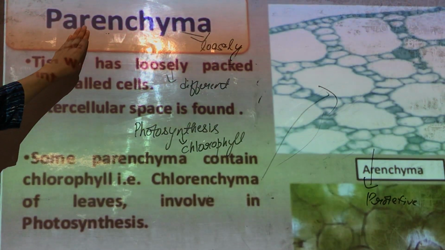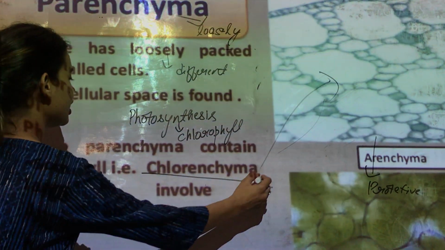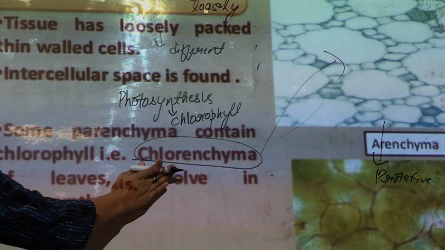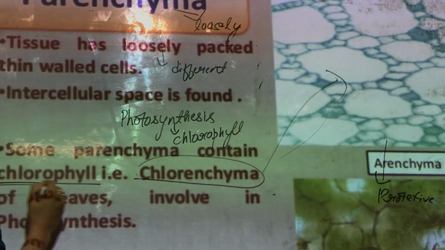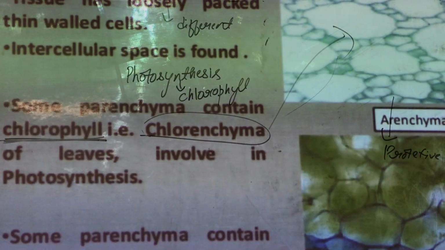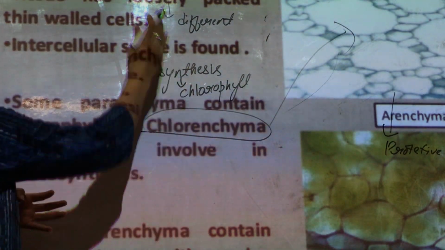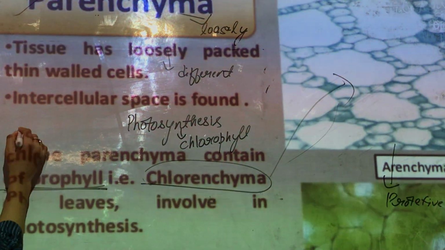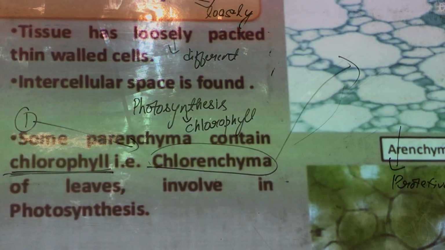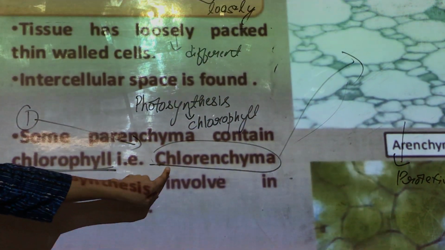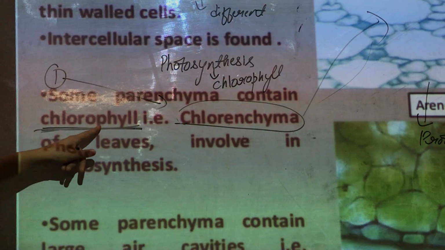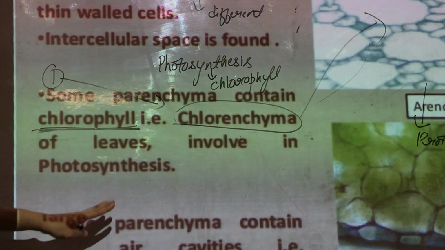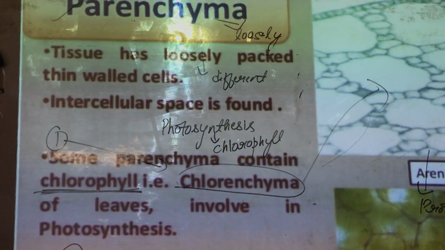In parenchyma, which one? Chlorenchyma. So chlorenchyma is actually a type of parenchyma tissue which contains chlorophyll, which is responsible for the photosynthesis process. Now another very important type of parenchyma is aerenchyma.